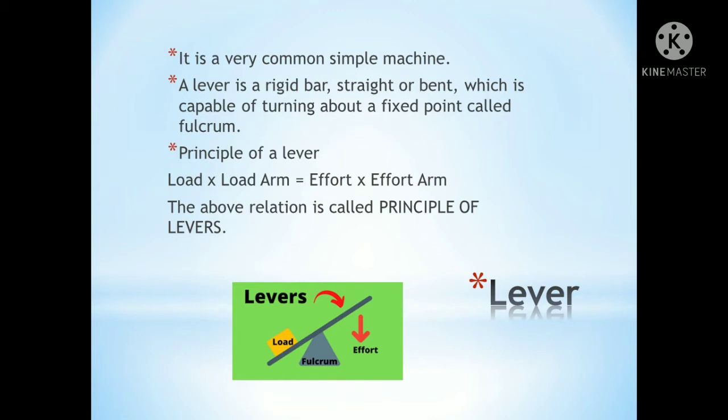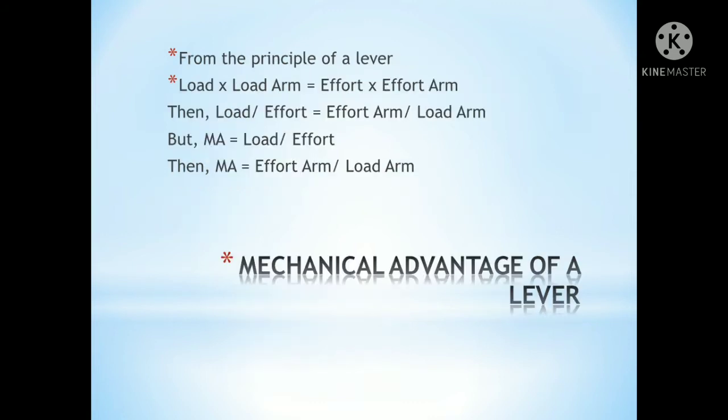And the terms load and effort you have already got in mechanical advantage. Now we will see what the mechanical advantage of a lever is. From the principle of lever, load into load arm equals effort into effort arm. Then load by effort is equal to effort arm by load arm.